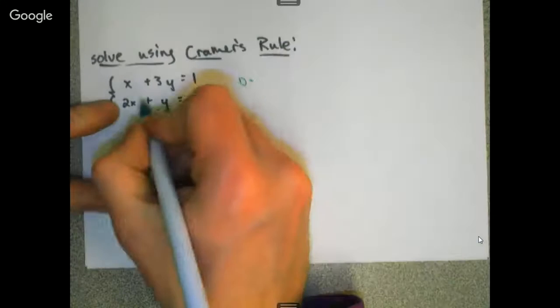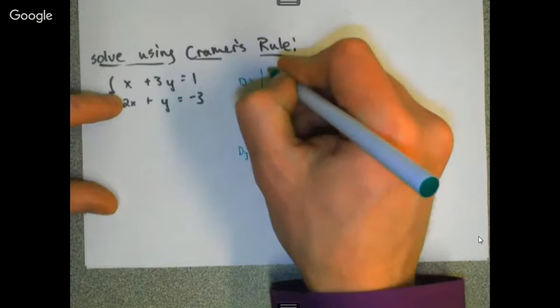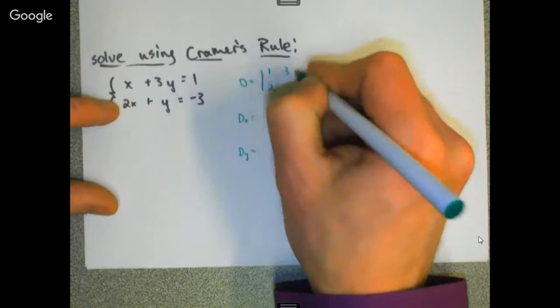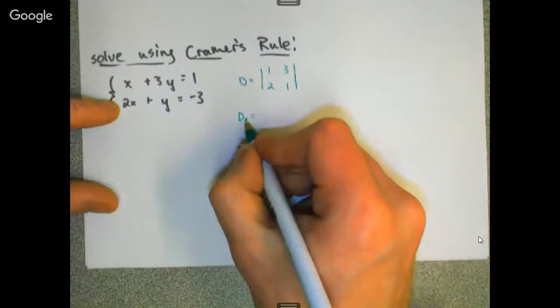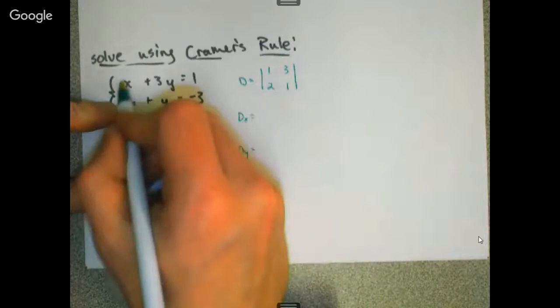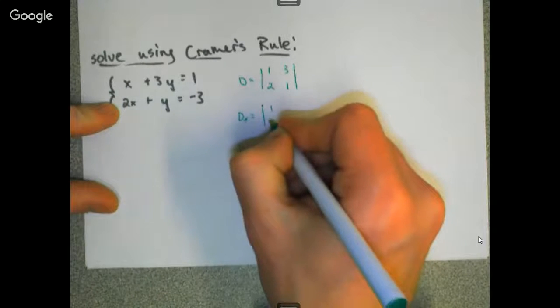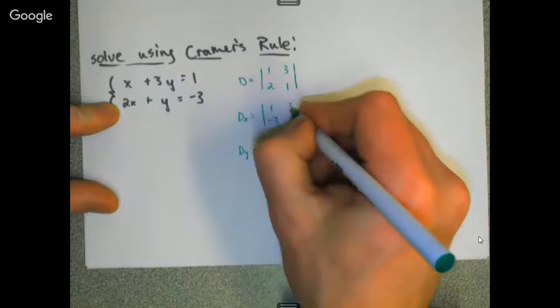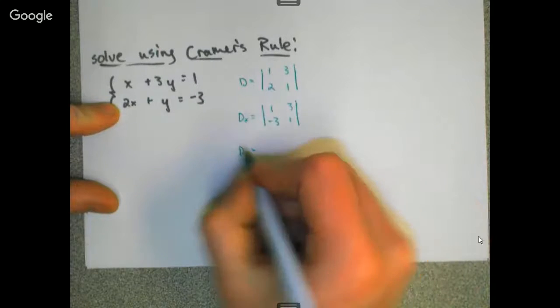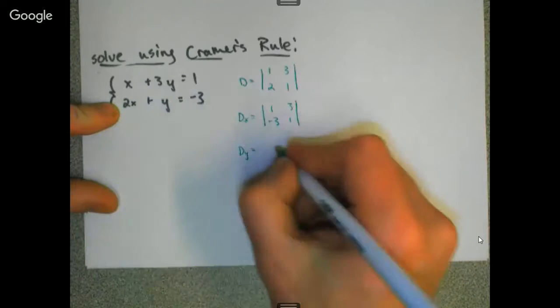Okay, D is your coefficient determinant, so that's 1, 3, 2, 1. Dx is, instead of writing your x's, you're going to write your solutions in there. So 1 minus 3, and then you'll come back to your y's. And Dy is, instead of writing y's, you write the solutions.